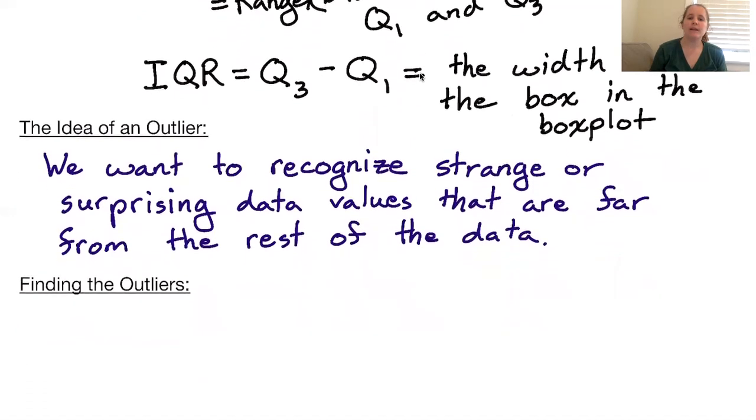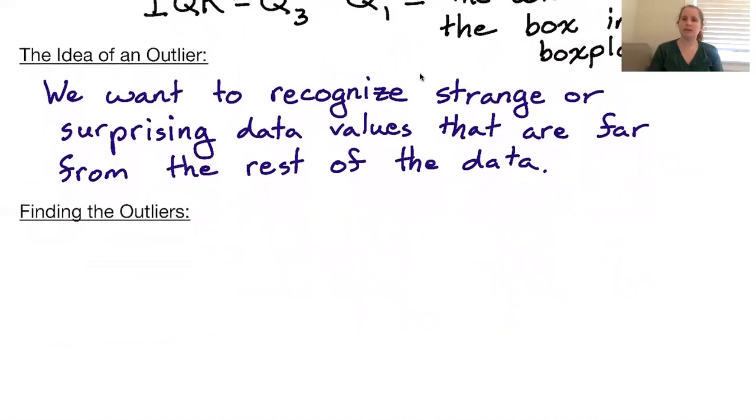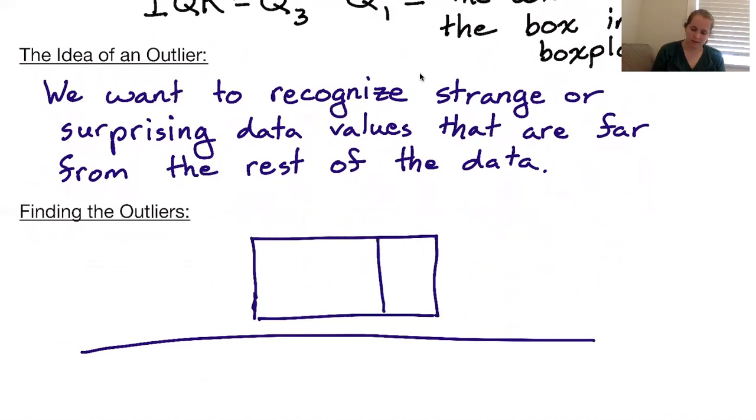When we go to find the outliers, we're going to have some key places to look at. So we're going to look at a box plot to start this off. If we look at our box plot, I'm first just going to focus on the box. So in a box plot, our Q1 to Q3 is our box, right?